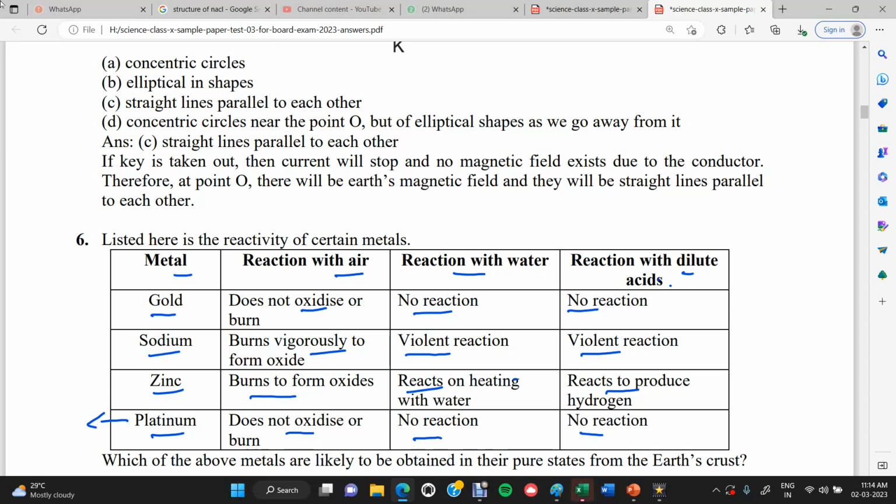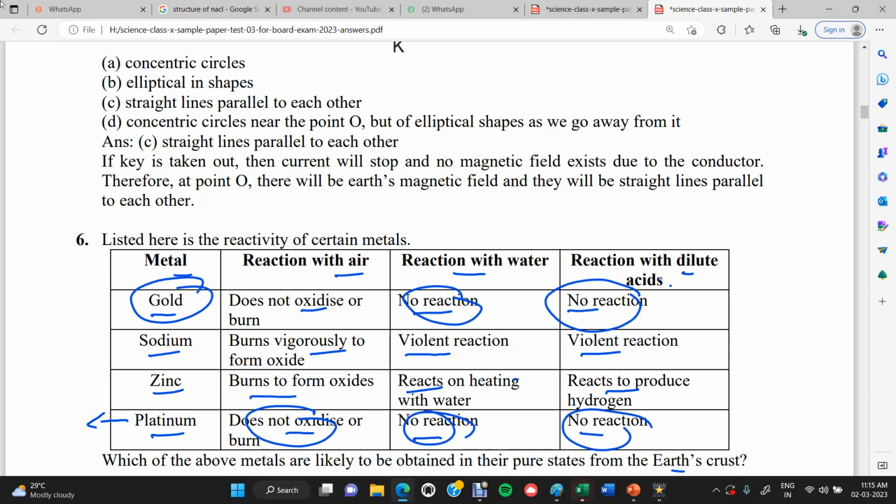Which of the above metals are likely to be obtained in the pure states of the earth crust? Pure states means it should not react with the air or moisture, right? Gold will not react with the air, does not oxidize or burn. With water also it will not react, with the dilute acids also it will not react. And platinum does not react with the air or water or acids, right?